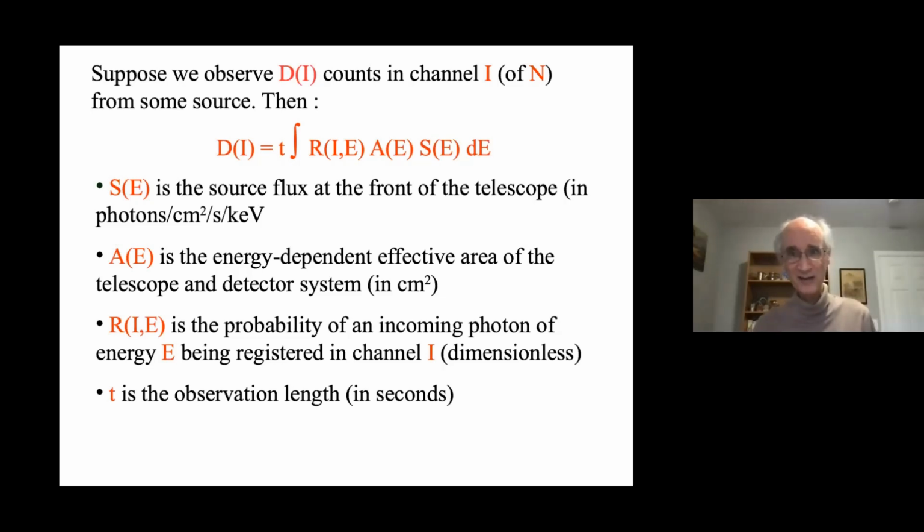You can consider that at the front of the telescope. There's some energy-dependent effective area of the telescope system, and then the detector has some probability of putting an incoming photon of a given energy into a particular channel in the spectrometer. Again, T is the observation length.